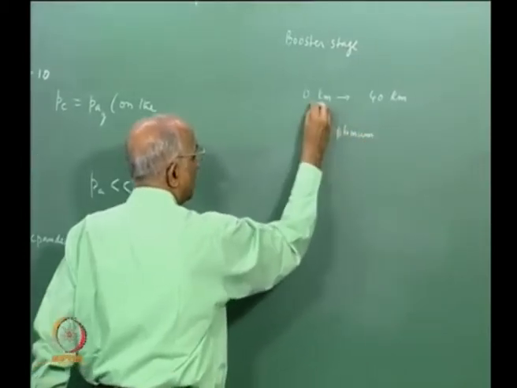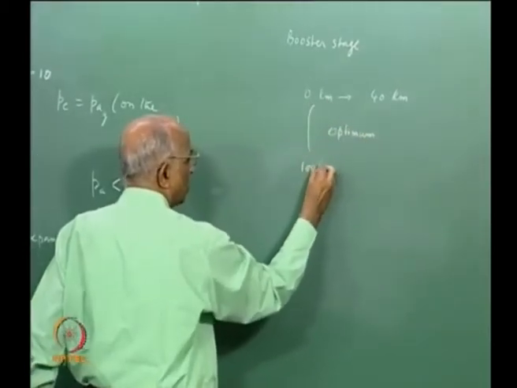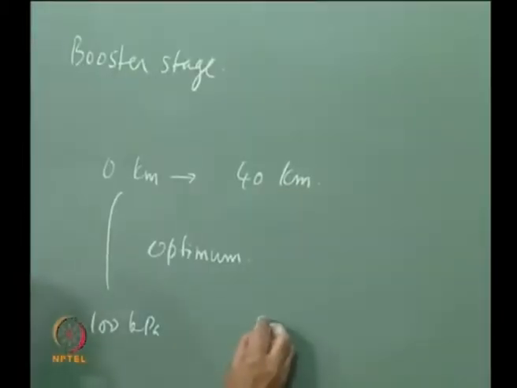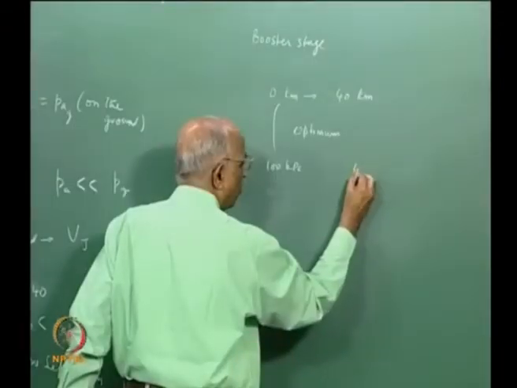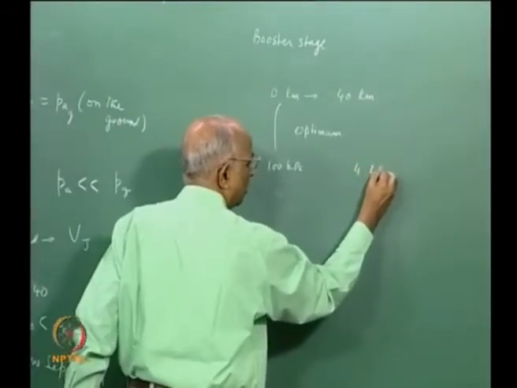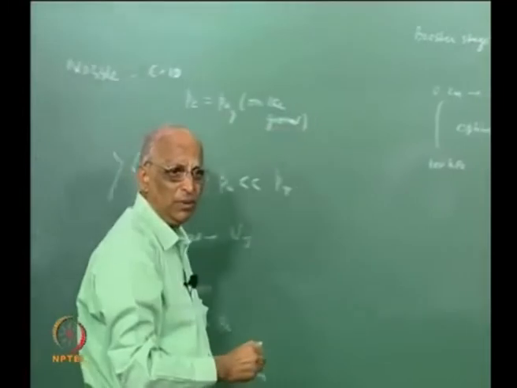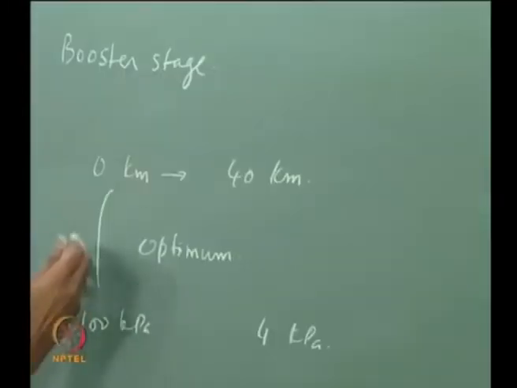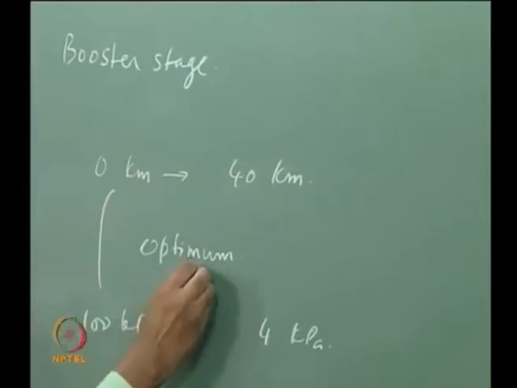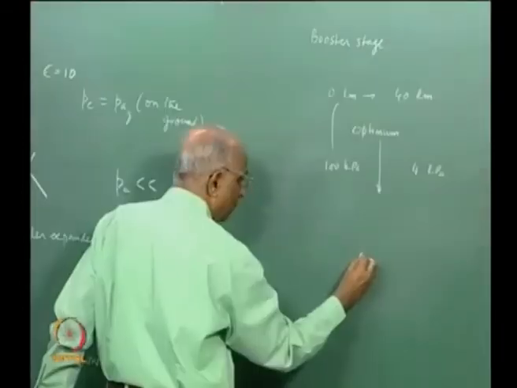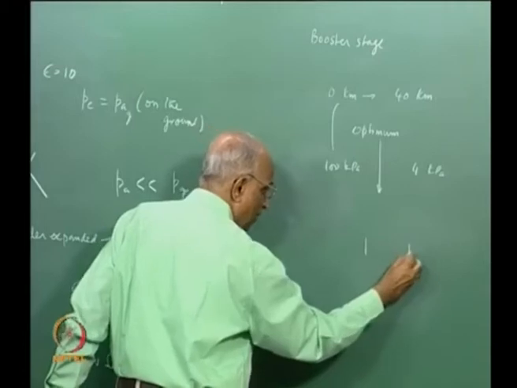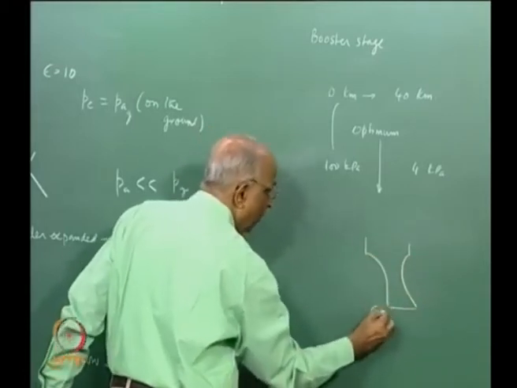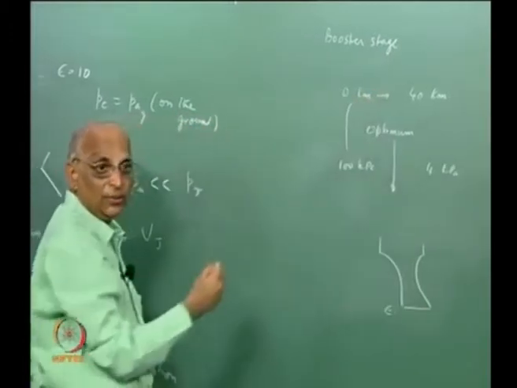In other words, at 0 kilometers I have 100 kilopascal pressure, at 40 to 50 kilometers my pressure may be something like 4 or 5 kilopascal, might be lower. Therefore my ambient pressure is decreasing, and I cannot have a rocket with a single value of epsilon or expansion ratio which will fly throughout this altitude.